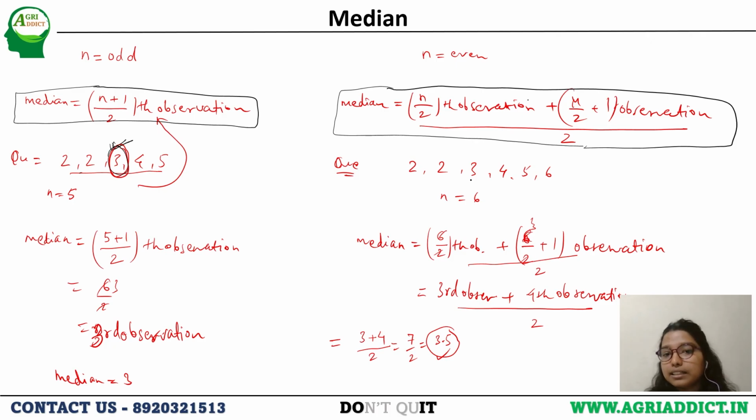When 3 and 4 are dividing the data into two equal halves, we will simply take the average of it, and we will get the result. We do not have to remember the formula. If we are not remembering, it's also okay. If you got the concept, you can get the result.